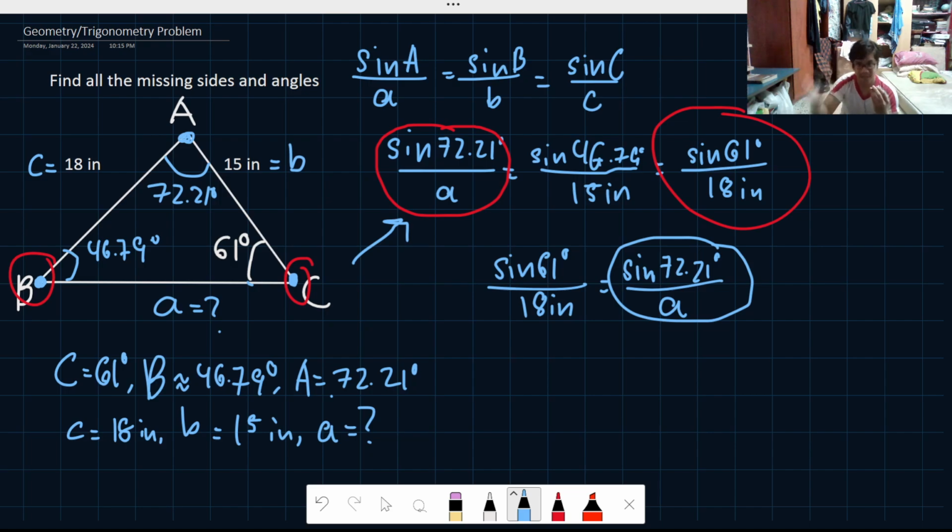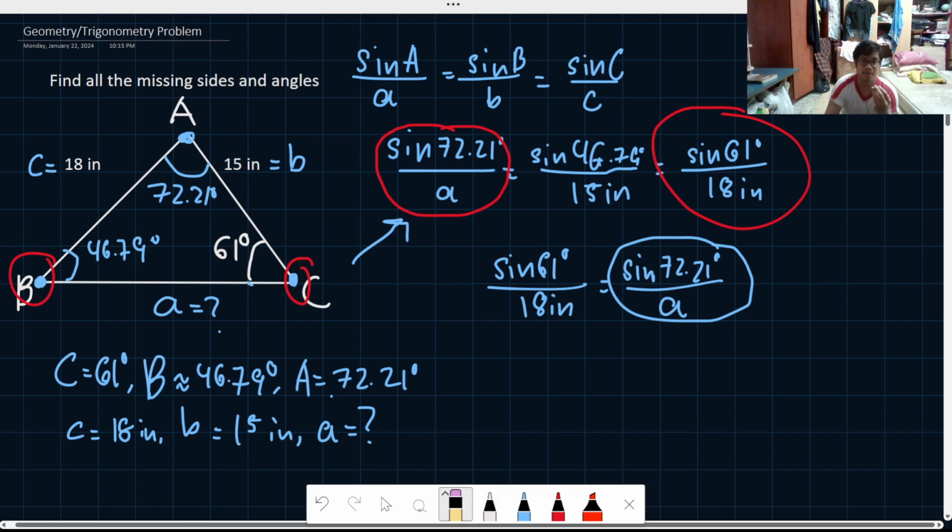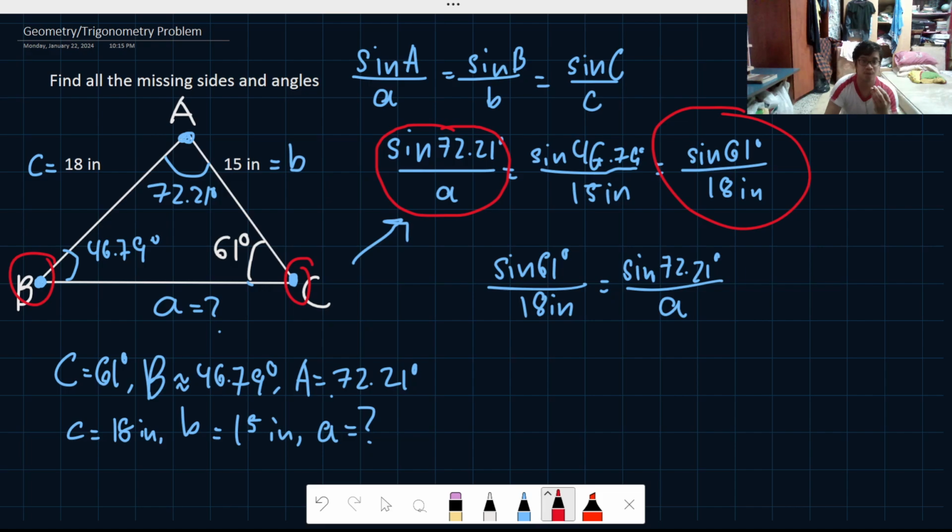So that basically explains the situation right here. Bottom line, we're going to equate this complete fraction to this one for us to find the side A. The end. Enough explanation.